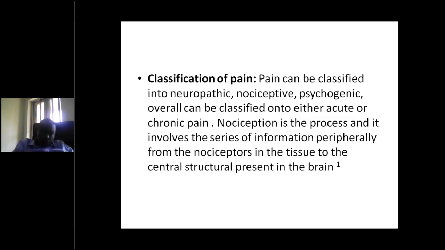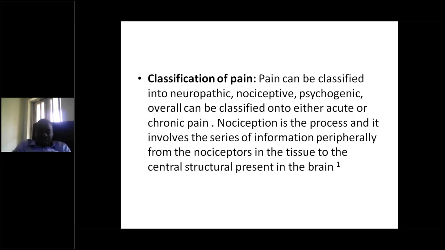So when there is an injury, these nociceptors will take the information from the tissue, the peripheral point, then they will communicate it through the body, and transfer it to the brain. When it gets to the brain, the nerve signal is decoded and interpreted, then the nerve signal is sent back to the point where the pain originated.